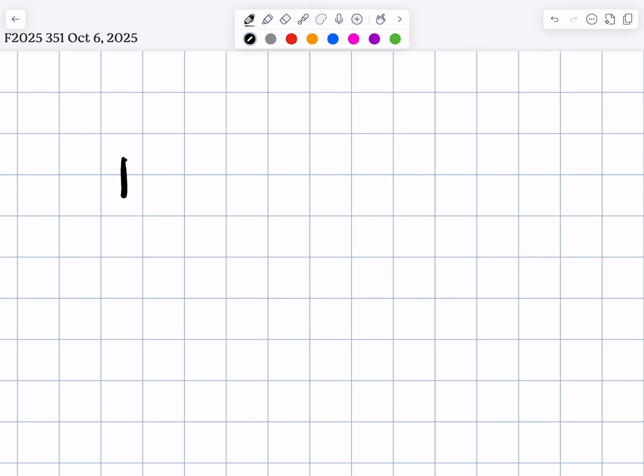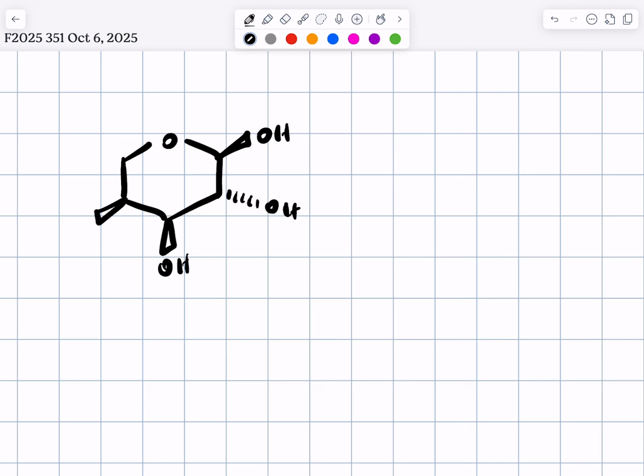So I'm going to draw a molecule. This is not a cyclohexane ring, but you can draw a chair conformation for it. It's a 6-membered ring, and one of the atoms in the ring is an oxygen. And then we're going to just draw some OH groups here and there.